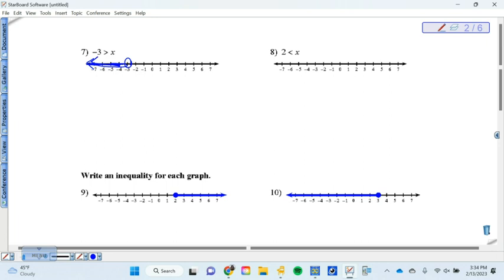Sometimes it's just better to rewrite the inequality so that the variable comes first. I just think it's easier to read that way. So you could change this from negative 3 is greater than x by writing it backwards. So it becomes x is less than negative 3. Does that make sense? No? Yes?